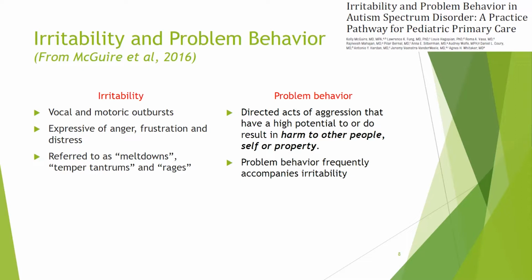And frequently, problem behavior is associated with irritability. The thing to understand is that irritability itself is a non-specific symptom, which means that it can be seen across different diagnoses. But when these are studied or treated, irritability and problem behavior are frequently considered together, and it can be very confusing when you're looking at the literature.